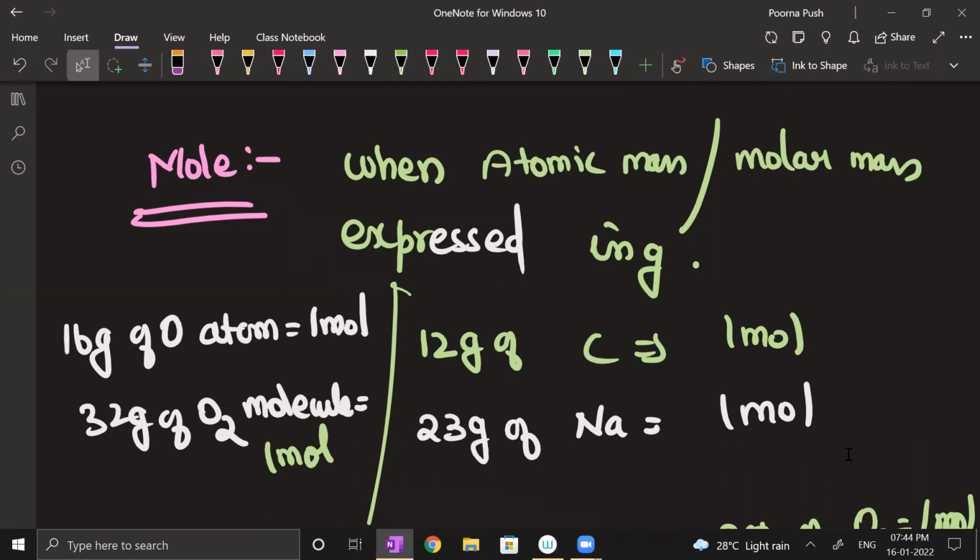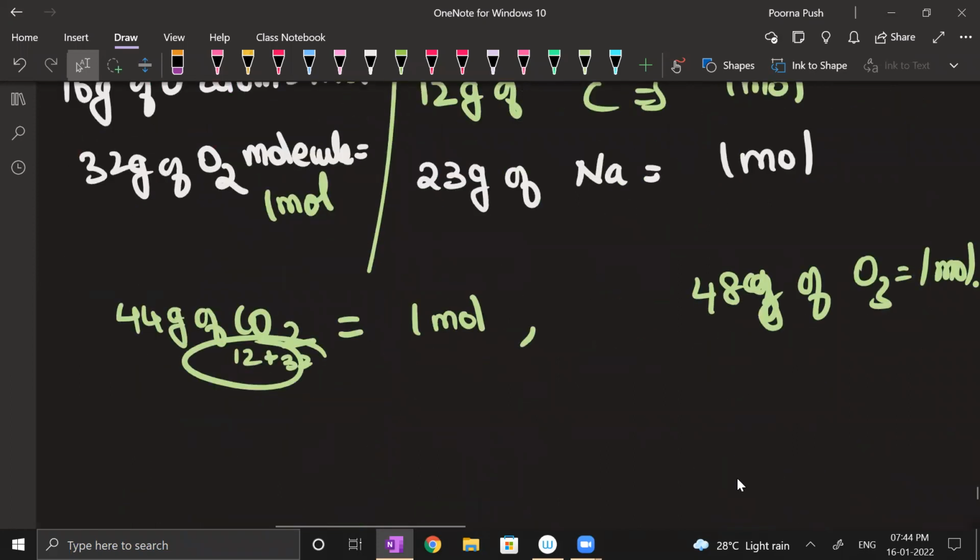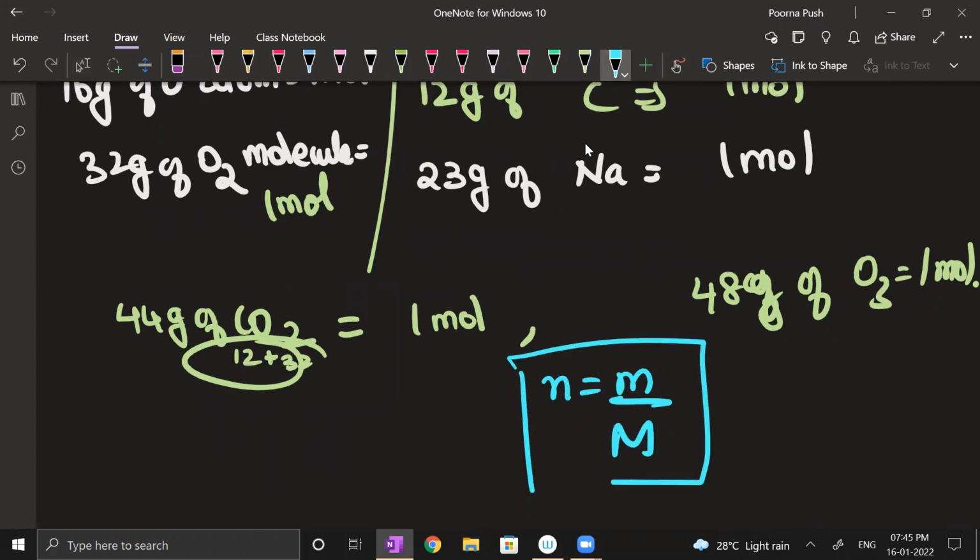N is equal to small m by capital M. What is N? Number of moles. What is small m? Given mass. Capital M is atomic mass or molecular mass.